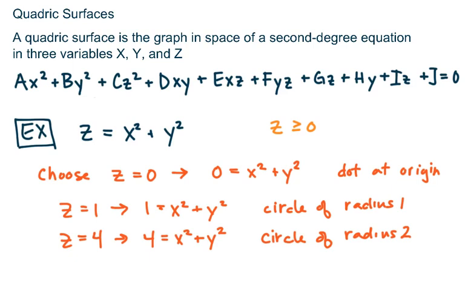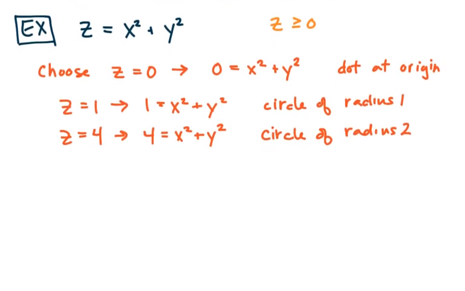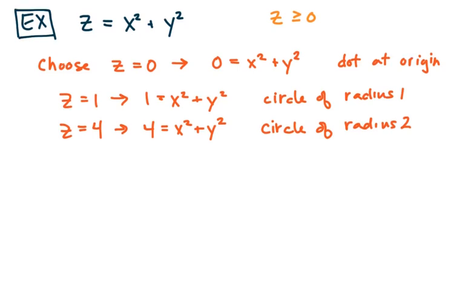We're going to have lots of circles, almost concentric, if you will, but they are expanding out. So what does that look like in R3? If we let z equal some constant, that's always providing us with a circle, and again, those circles are of increasing radii.